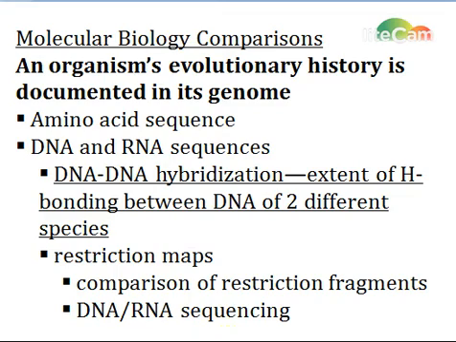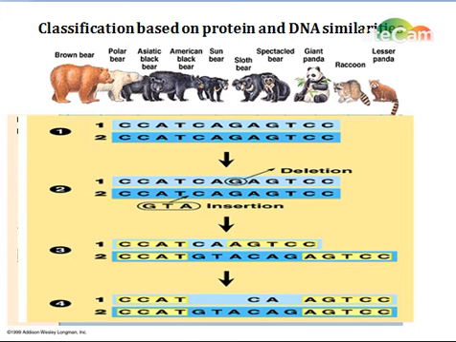As you were seeing as you did your BLAST lab, you could see how there can be small differences and vast differences between the organisms that you took a look at. So again, the first step is to align the homologous DNA sequences and try to find where there might be deletions or insertions. This is looking at the differences within the bear family here.